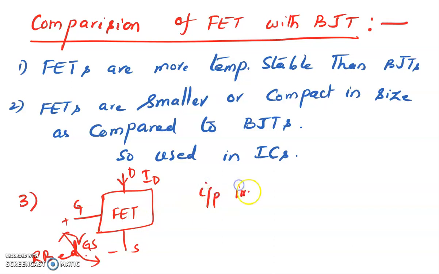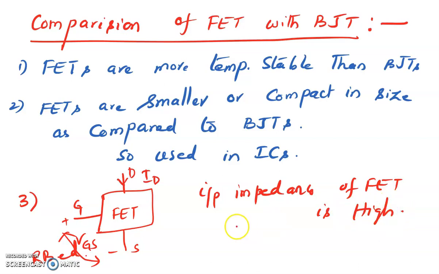So the input impedance of a field effect transistor is high compared to the BJT. In a BJT, the input junction is always forward biased.